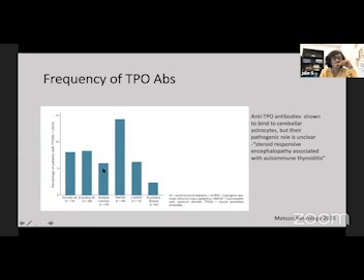This is multiple sclerosis, and this is the cryptogenic new onset status epilepticus, and these are the neuromyelitis spectrum diseases. So they all have the frequency of peroxidase antibodies, they are widely distributed, and hence we coined this term, steroid responsive encephalopathy associated with autoimmune thyroiditis.